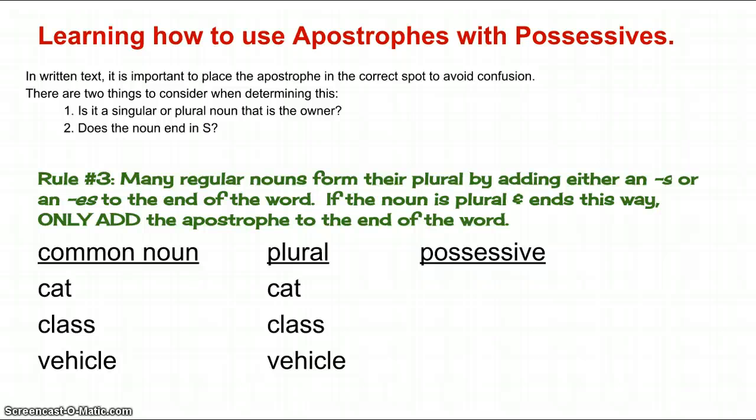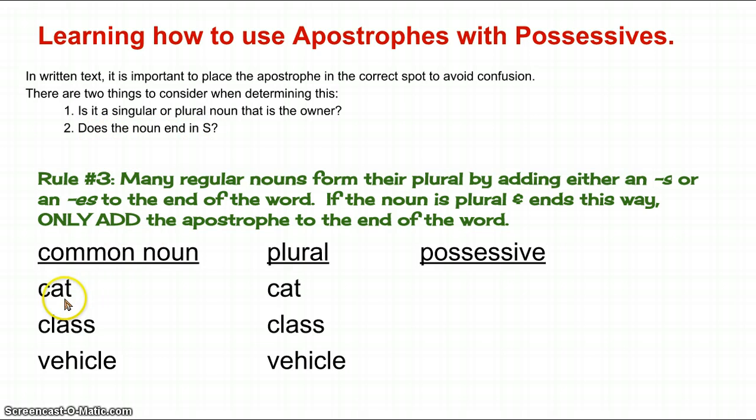If the noun is plural and it ends this way in either an S or an ES, you're only going to add the apostrophe to the end of the word. Every possessive noun has at the end of it somewhere an apostrophe and an S. Whether the apostrophe comes before the S or after the S depends upon its number, is it singular or plural, and then if the noun ends in S.